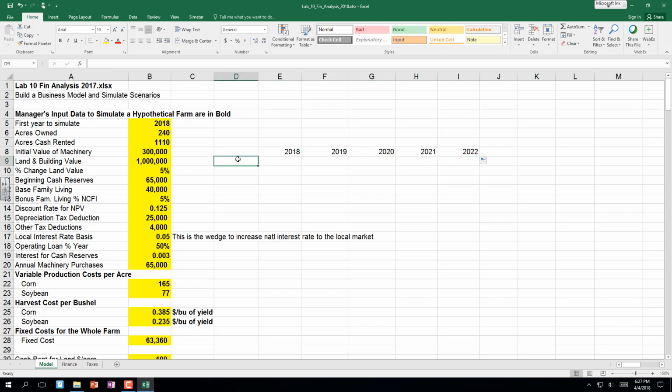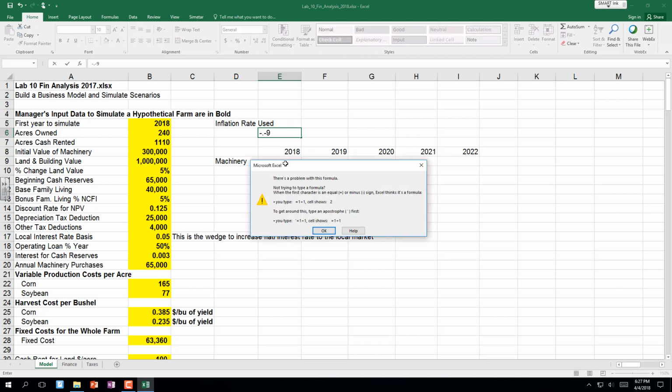Now, we have machinery, and I'm going to inflate that. This is going to be an inflation rate for used equipment. And that's going to be minus 0.09 that year.